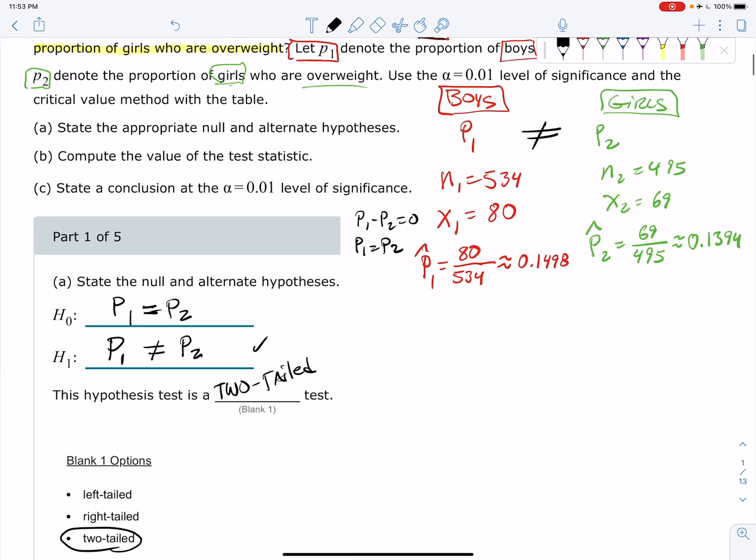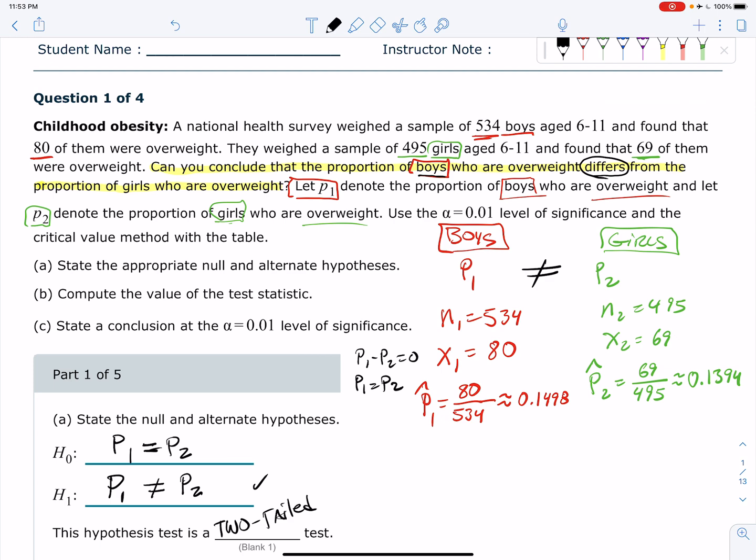Yes, they did say that they had, let's see, here they are, the National Health Study weighed a sample. I think somewhere it said simple survey. Okay, so this was a simple random sample.